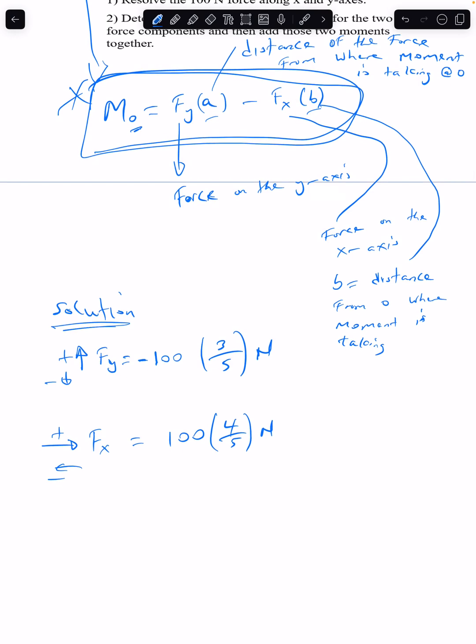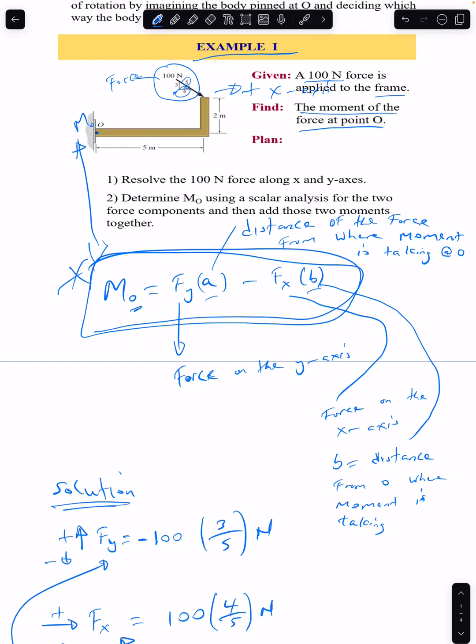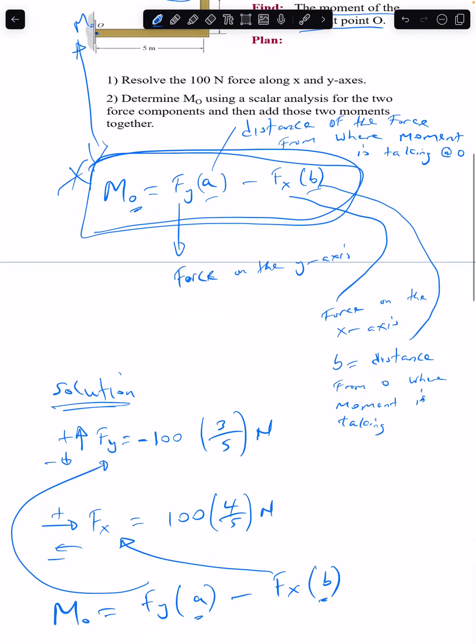And if I take my moment about the point O, we know it is the force on the y-axis times the distance where the moment is taken, A, minus the force on the x-axis times the distance where the moment is taken, B. This is my force, but the distance is going to be gotten from the diagram.